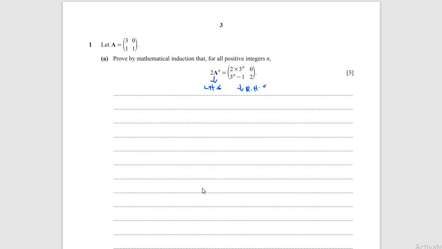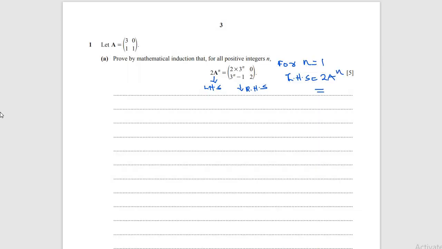Now, we have three major steps in proving by induction. The first step: let's see whether the left hand side will be equal to the right hand side for n equal to 1. For n equal to 1, the left hand side is 2A raised to the power n.